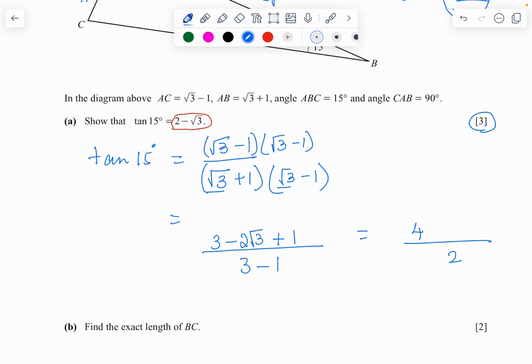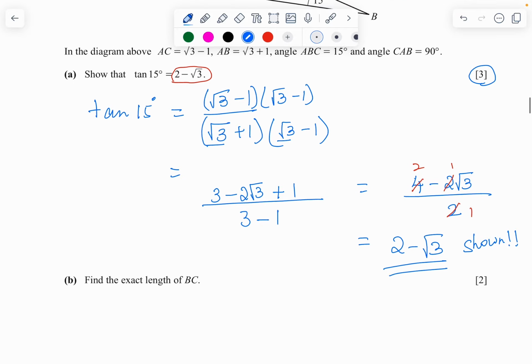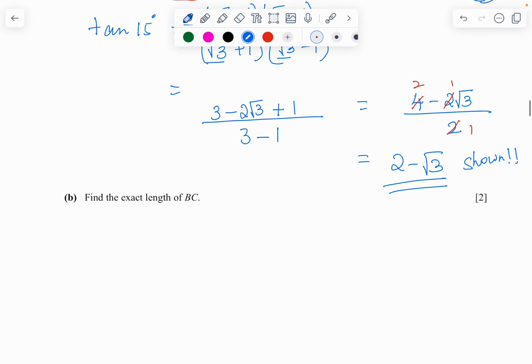This gives me 4 minus 2 square root 3. I can simplify this further: 4 divided by 2, 2 divided by 2, and 2 divided by 2 again. So the final answer is 2 minus square root of 3, and we have shown it already. Is it okay? So that completes part A.